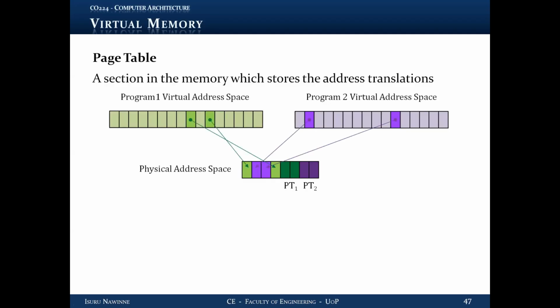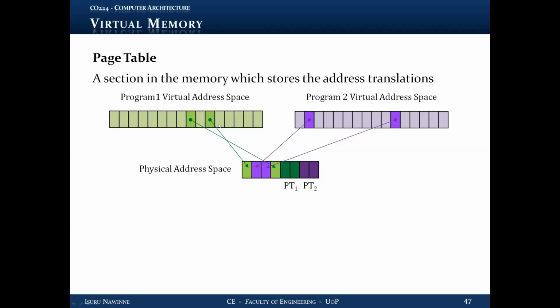right? So here in this example, we have 16 virtual pages in each virtual address space. The physical memory contains 8 frames, right? So some of the active pages from each program's virtual address space are currently mapped to some physical frames, you can see, right?